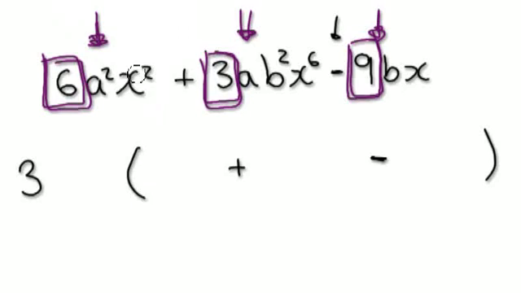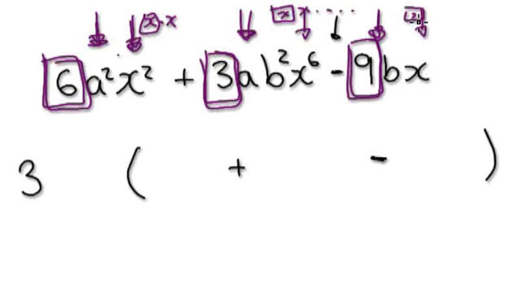Let's look at the X. The X here, we've got X squared here. Okay, keep an eye on this. We've got X to the power of 6, and we've only got one X over here. So the common factor will only be one X. Here you've got X times X. Here you've got X times X times X times X, and so on, but you only need one, because here you only need one.